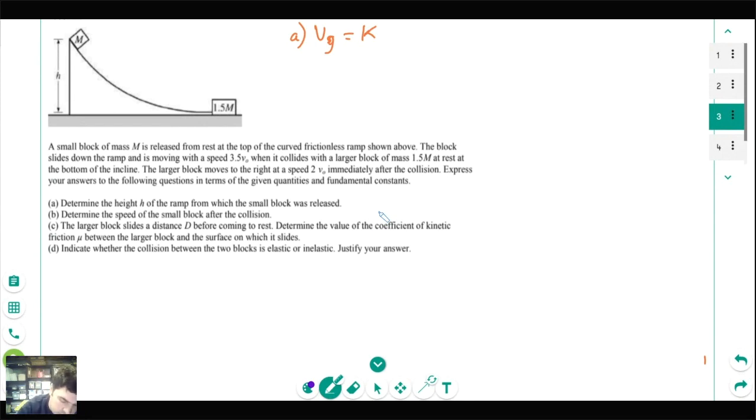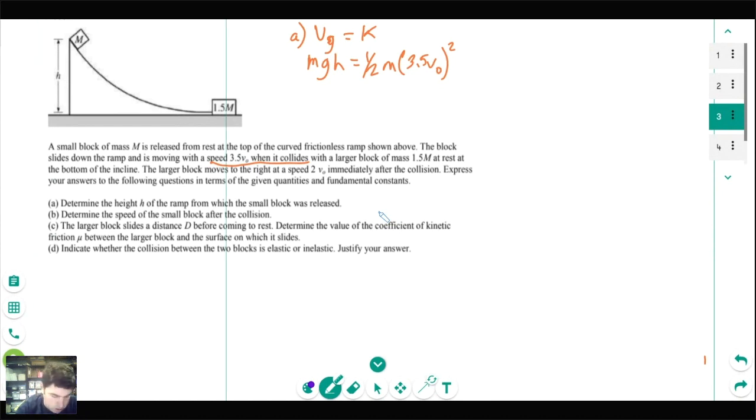So our potential energy due to gravity, mgh, and our kinetic, 1/2 mv, I'm sorry, 1/2 m times 3.5 v naught squared. Okay, because we're told we have that speed at the bottom of the ramp. All right, well, good news is we can drop masses out.